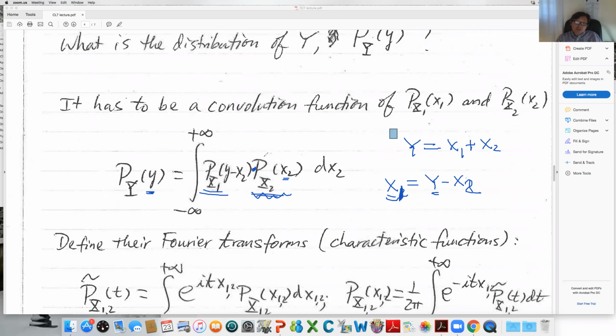If I ask you what's the probability you get a 1 on dice 1 and a 3 on dice 2, then I'm asking what's the probability of getting y equal to 4.